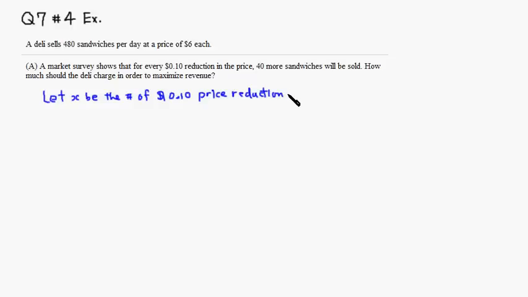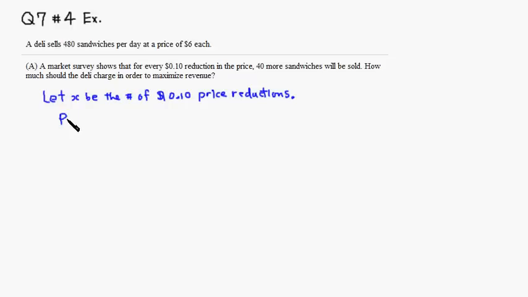So this is just a number of price reductions. For example, if x is 2, then it's going to reduce by 20 cents. So the price is going to be $5.80. But anyway, then we can write the price function.